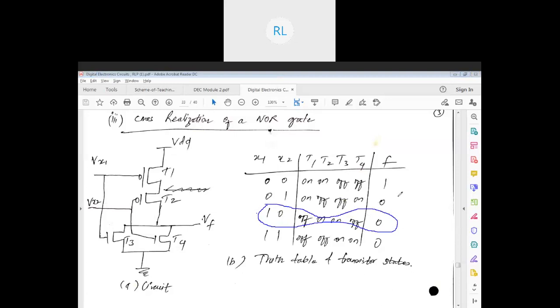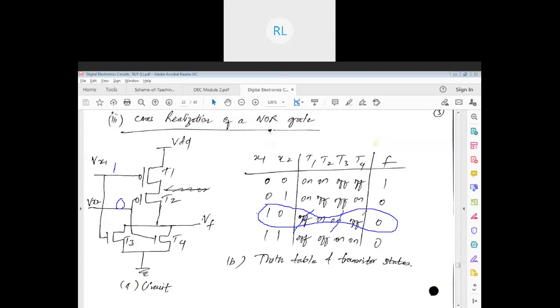Now we will take, let us take a worst case: on, off, off, on. Let us take this case. Here x1 is 1, x2 is 0, right? 1 and 0.